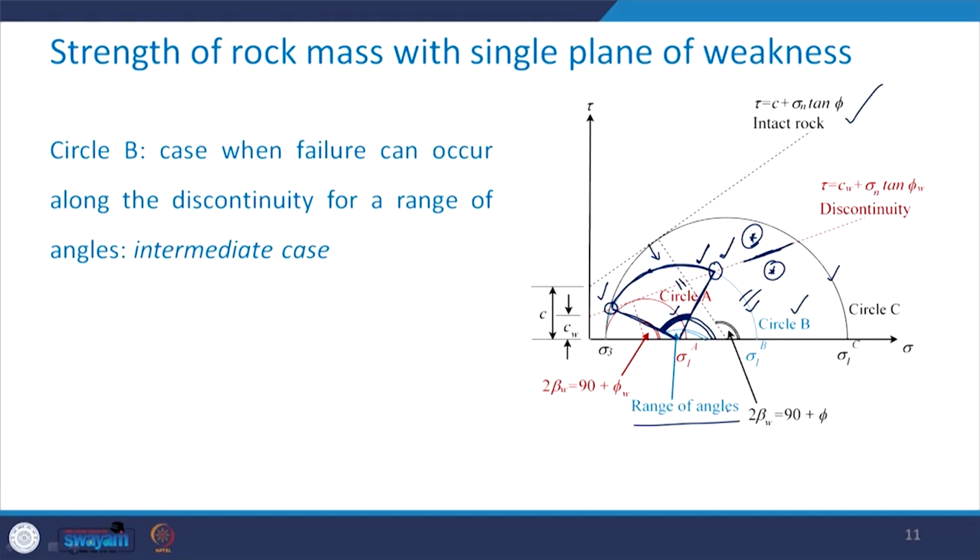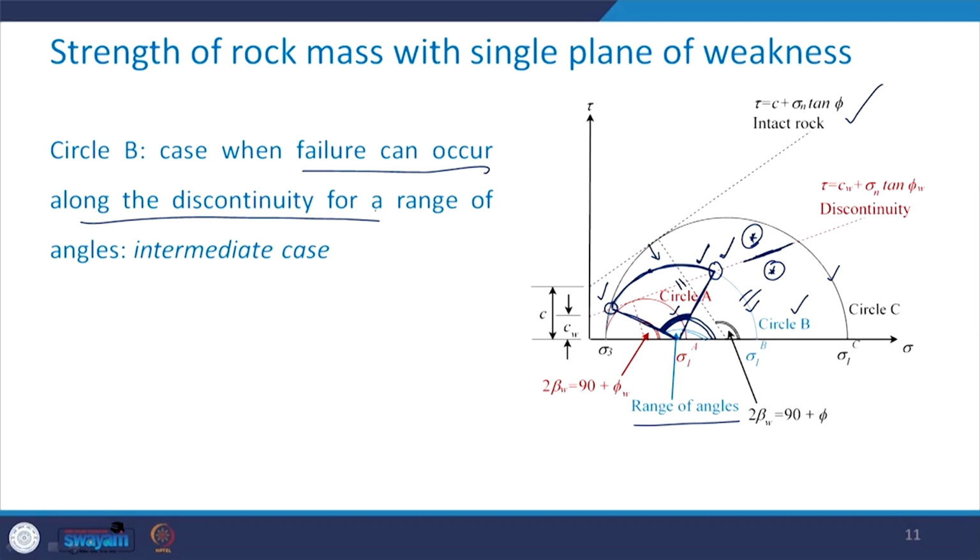If the discontinuity is in this range, then the failure can occur along the discontinuity. So, we had two extreme cases: one is the highest strength, corresponding to intact rock, and the lowest strength is corresponding to the strength of the discontinuity.